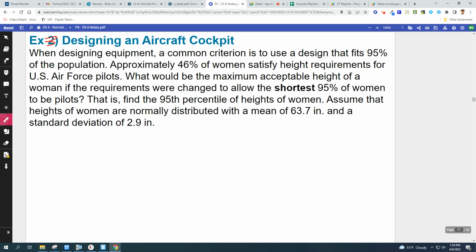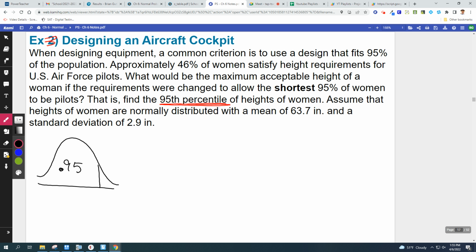So I noticed some people kind of struggling with 95th percentile and what that means, but go back and look at your picture again. When we're talking about a normal distribution, 95th percentile is talking about the bottom 95%.